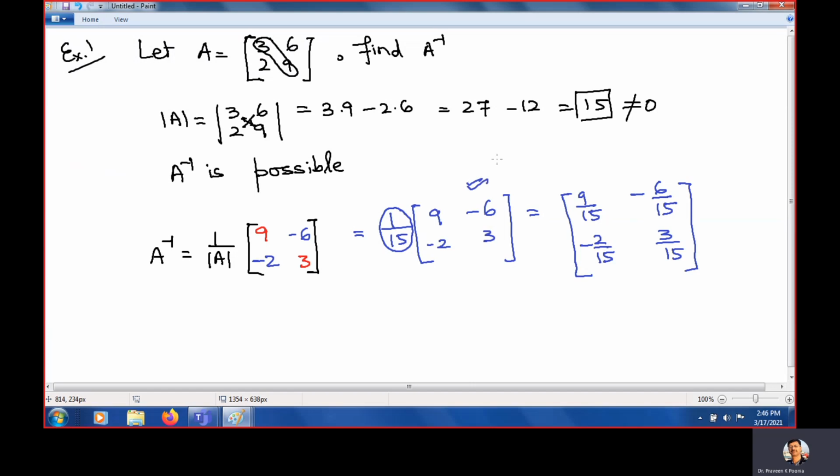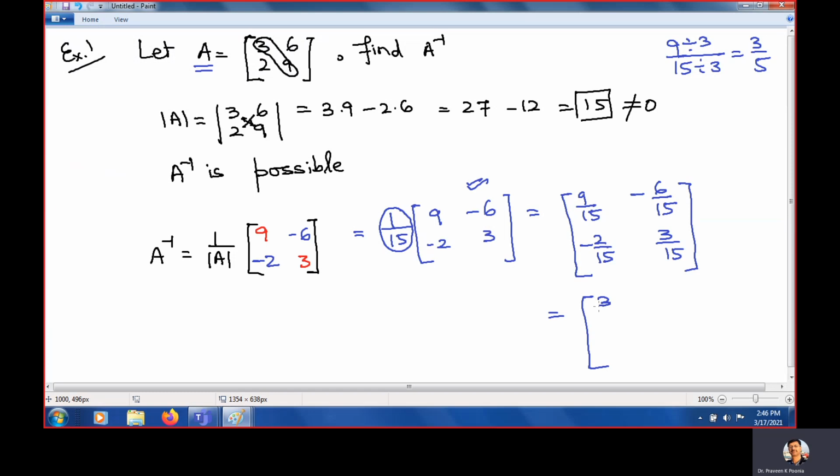But in the midterm exam, if they give you A and 4 options, maybe the options are given with the multiplication inside. So you need to learn how to do it. Now 9 upon 15 is not in lowest terms. You need to change it into lowest terms. 9 upon 15 divided by 3 by 3 is 3 upon 5.